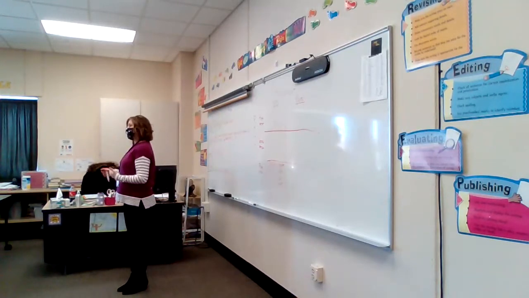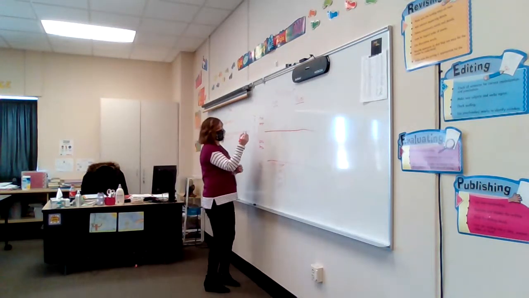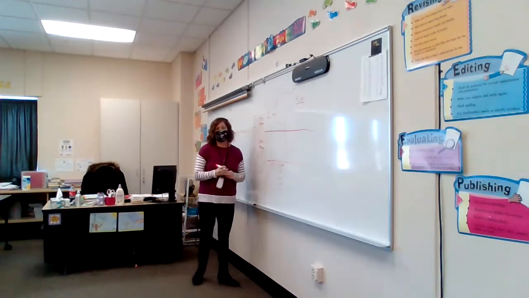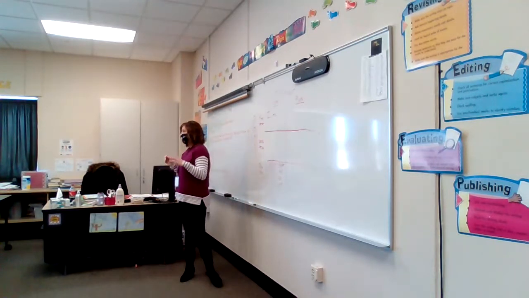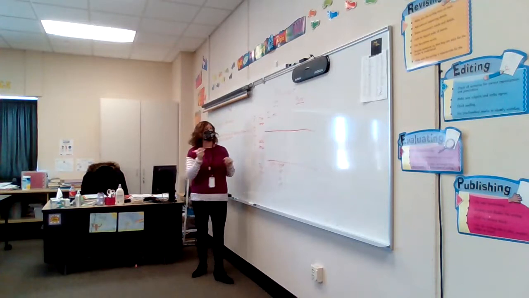So if I'm going to talk about myself, it would be what? Me. No, it would be, oh yeah, I guess you're kind of right. I or me. Okay? Later on, we're going to get into subject pronouns and object pronouns.